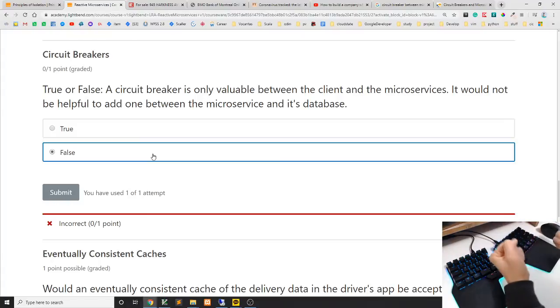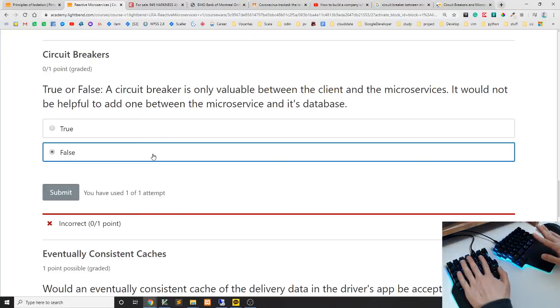Considering this system as A and this system as B, we don't need to worry about which one is which. As far as this one asks and this one answers, the connection between these two systems should have the same advantage and also the same disadvantage, because the client and the microservice have a similar situation to the microservice and the database.